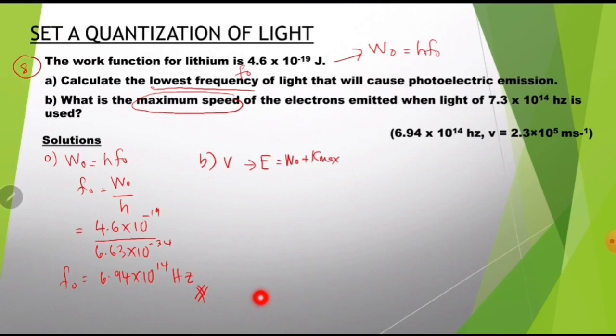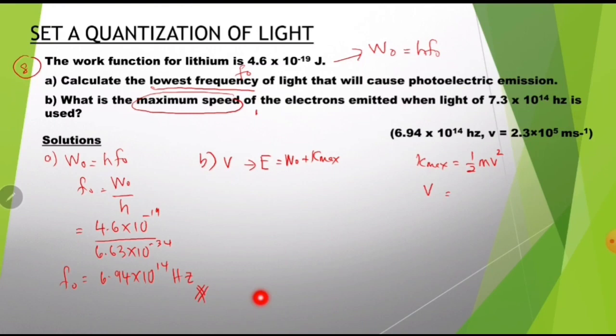W naught we already have. Now we want to find the maximum speed, which is v. K max is actually half m v squared, so we can get v from the equation of K max.